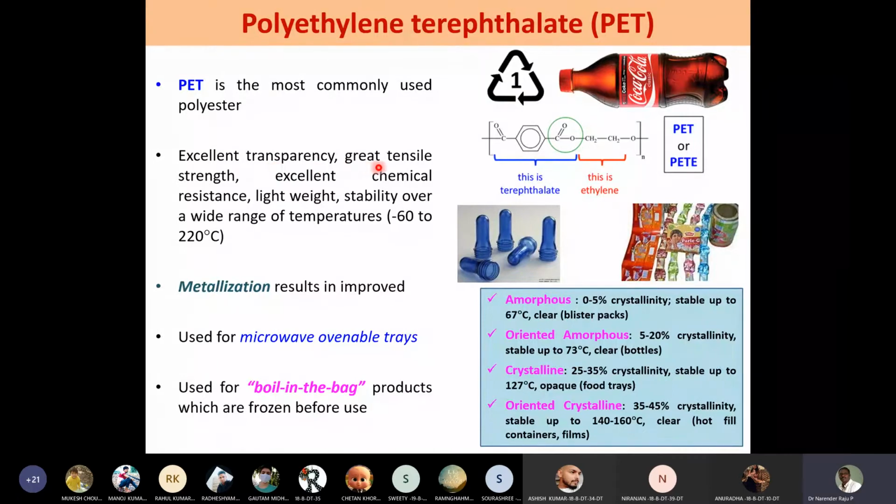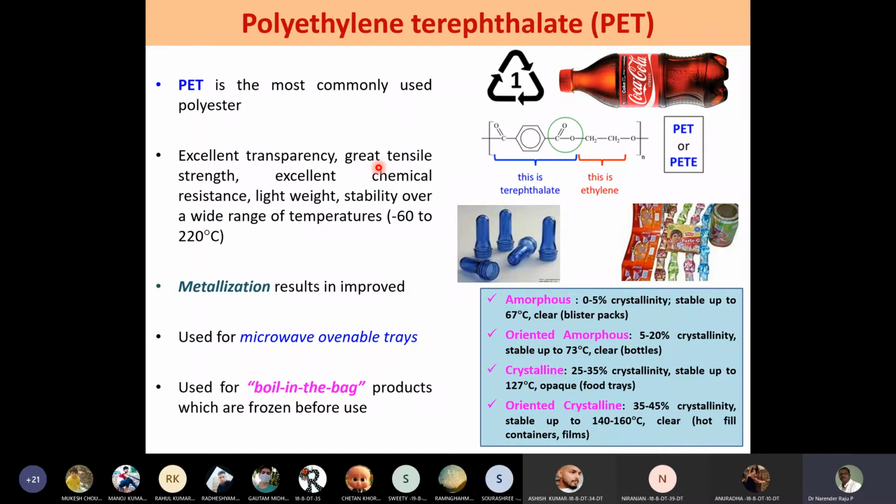It has very high tensile strength, that is, you can stretch it nearly about 500 times or above for LDPE and not less than 100 times for PET. So polyethylene PE is nearly 500 times stretchable to its original length, while in comparison, PET will not have that great tensile strength, but good enough, nearly 100 times stretchable.